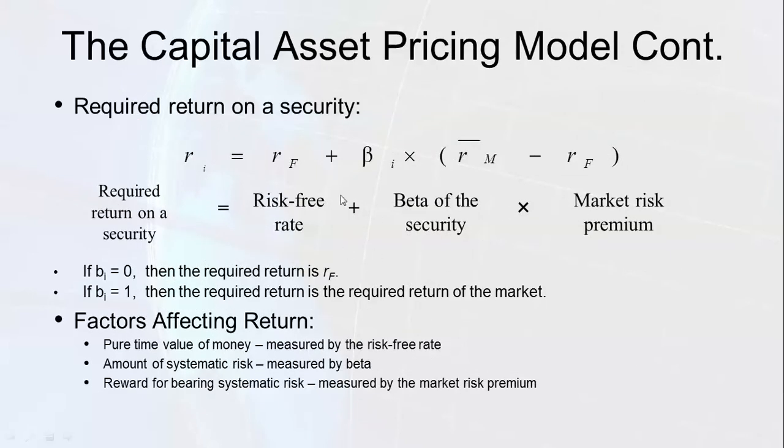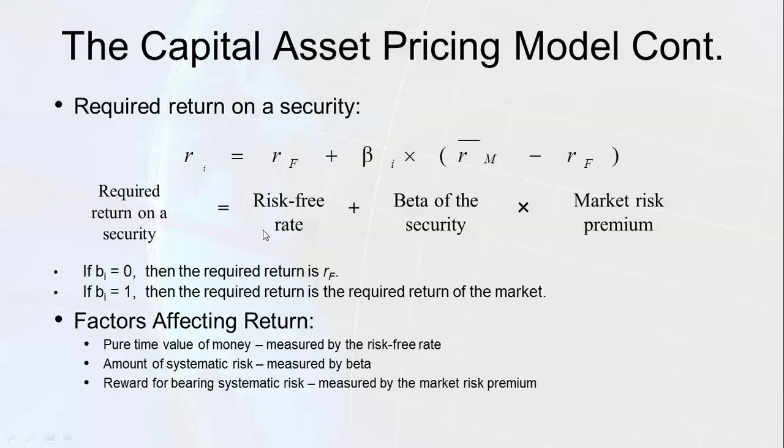According to CAPM, the required rate of return on a security is a function of beta. There is a linear relationship between beta and the required rate of return on a security. Basically, this CAPM equation has a couple of things here.